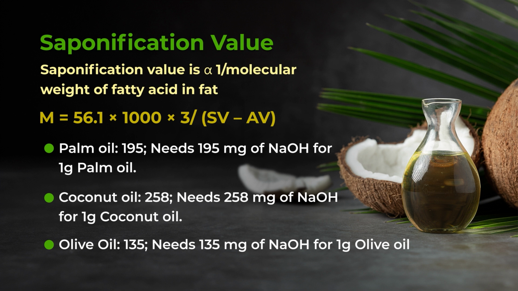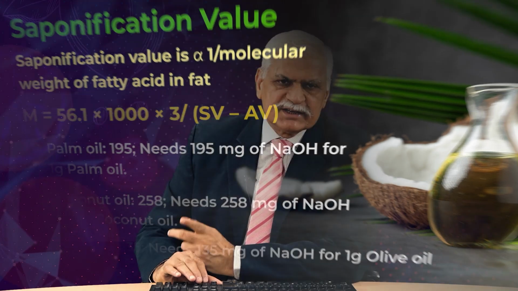Or if it is sap value 135, it needs 135 milligram of sodium hydroxide for 1 gram of olive oil. Sodium hydroxide or potassium hydroxide. If it is potassium hydroxide, it is 56.1. If it is sodium hydroxide, then it will be the equivalent weight of sodium hydroxide there instead of 56.1.